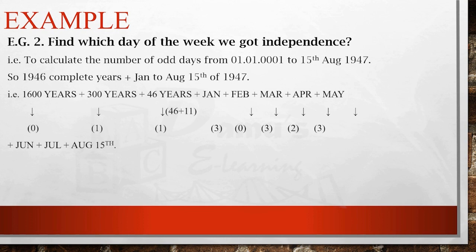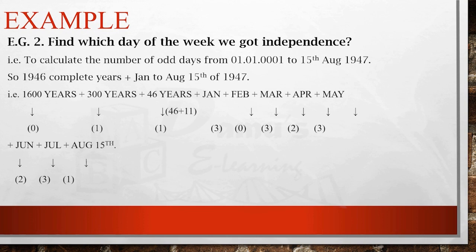April 30 days. 30 divided by 7, remainder 2. May 31 days. 31 divided by 7, remainder 3. June, 30 days, 30 divided by 7, 2 days. July again, 31 days, 31 divided by 7, 3 days. Now August, we need only 15 days. So 15 divided by 7, remainder 1.